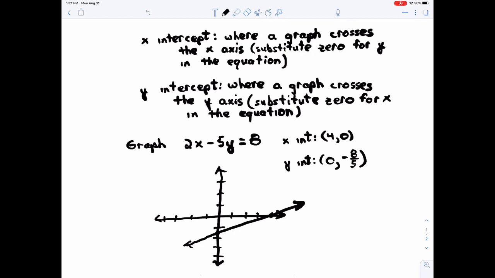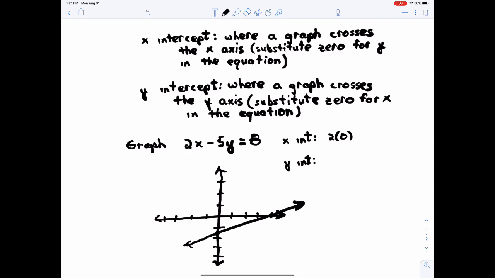So if you're not sure how I got this (4, 0) and (0, negative 8/5), I'll go back and do it. But quite honestly, you should be able to do this in your head once I show you how I did it. Okay, so let's take a look at what I did. All I did for the x-intercept is I stuck 0 in for y.